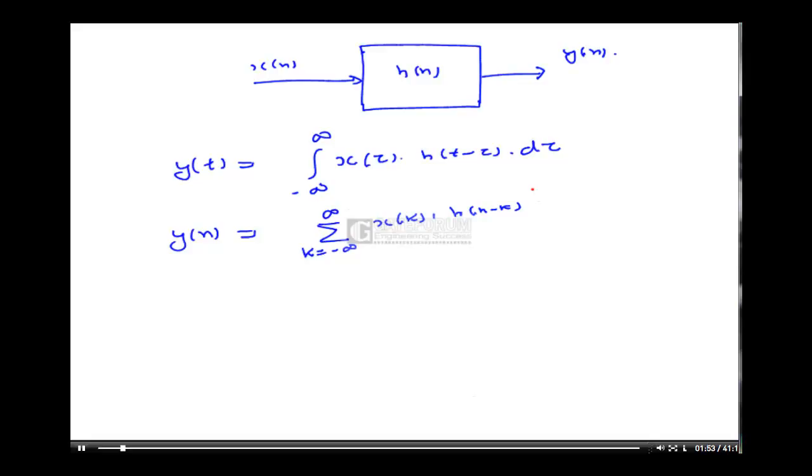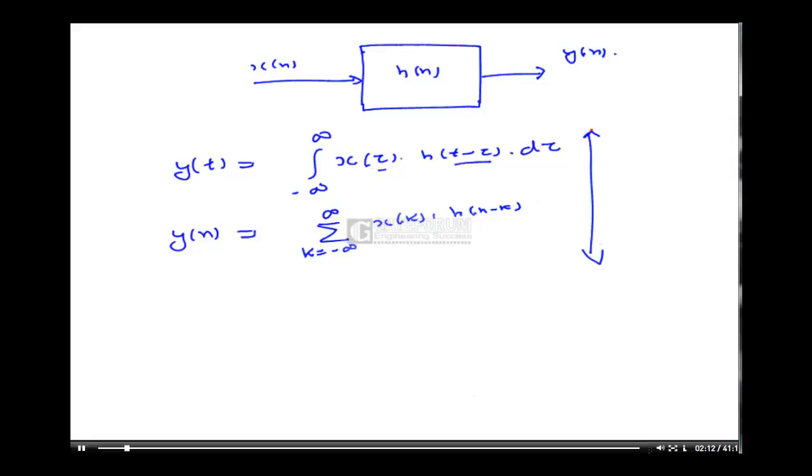So this tau and t minus tau are interchangeable. Either we can place it in the h function, or I can place it in the input function. Either in the system function or in the input function, the result is going to be the same.